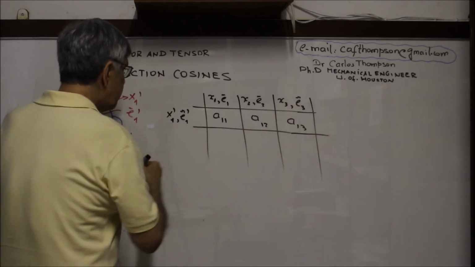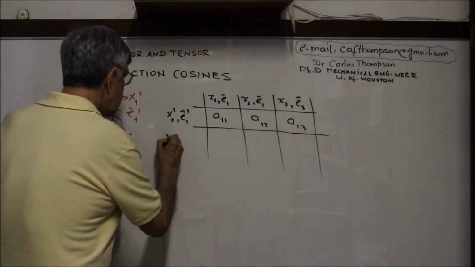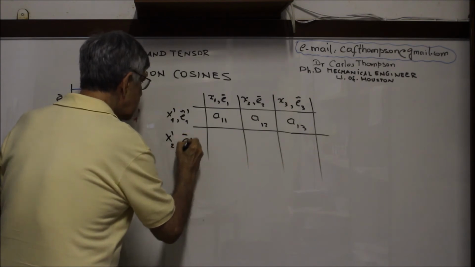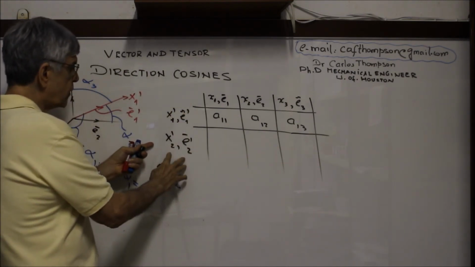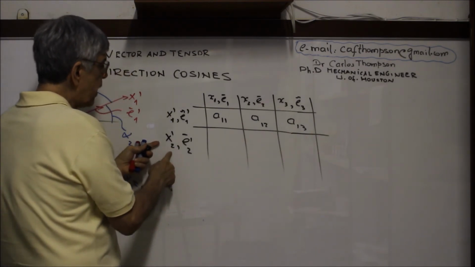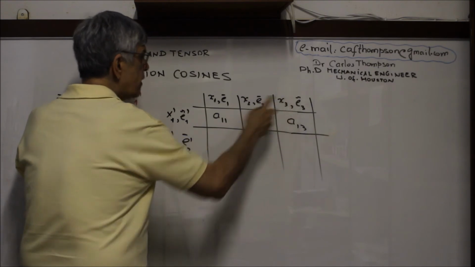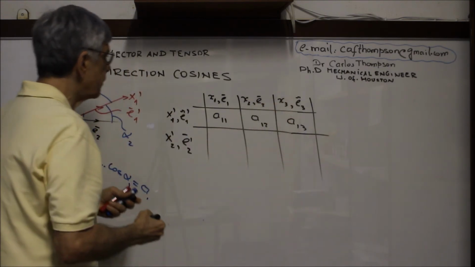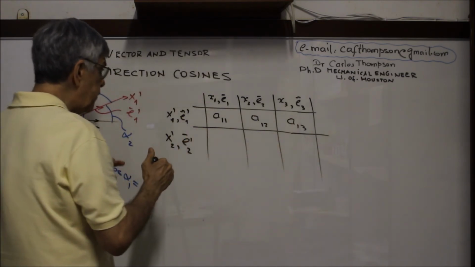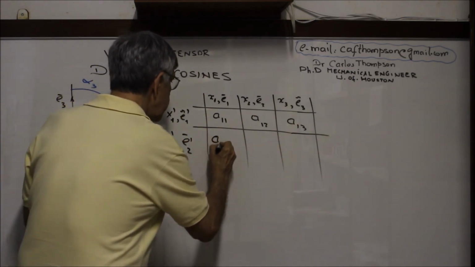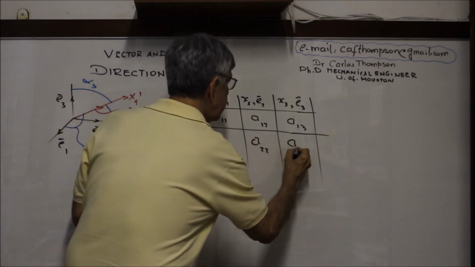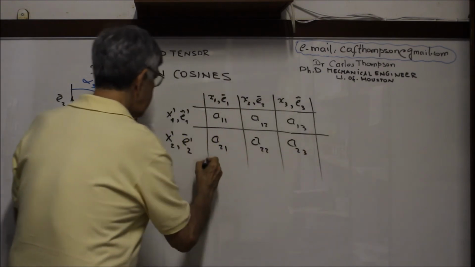Now it's easy from now to construct this. It's not both: you work either with the x prime axes or with the unit vectors. I will write down here for you to figure out, this will be A21, A22, and A23.